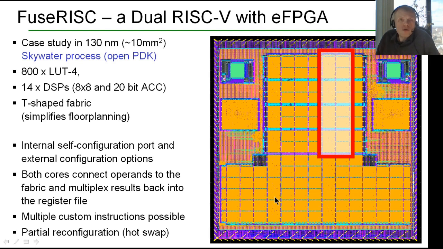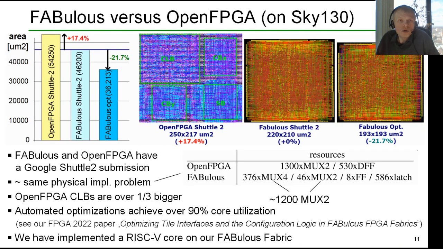I hope that gave you a little bit of an impression of what you can do with Fabulous frameworks in a RISC-V world. With this, I want to give you one short slide at the end where we compared Fabulous with OpenFPGA, which is another open source FPGA framework.